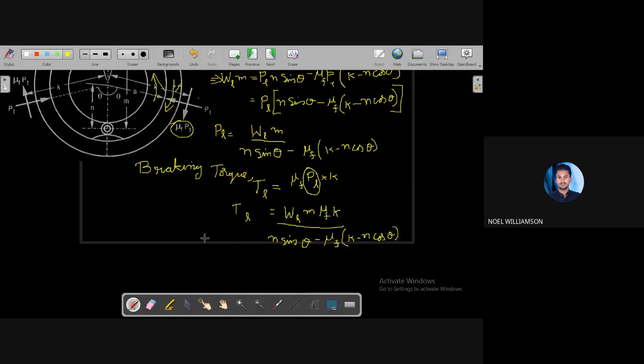Okay, this is the relation for the braking torque of the leading shoe which is in equilibrium.